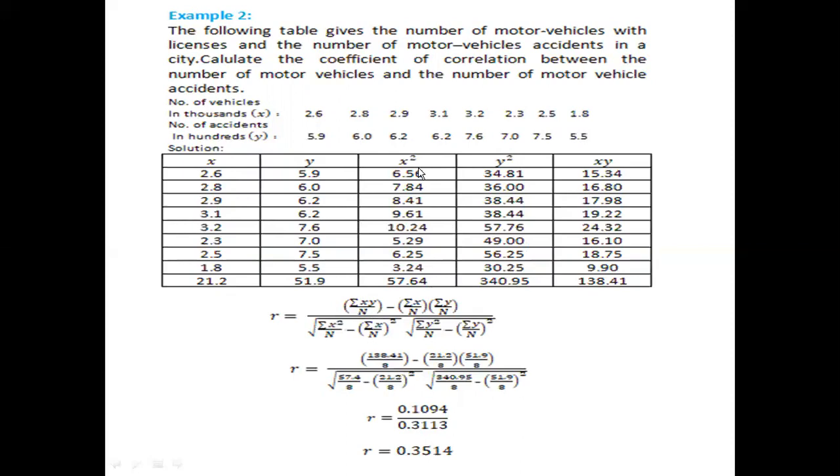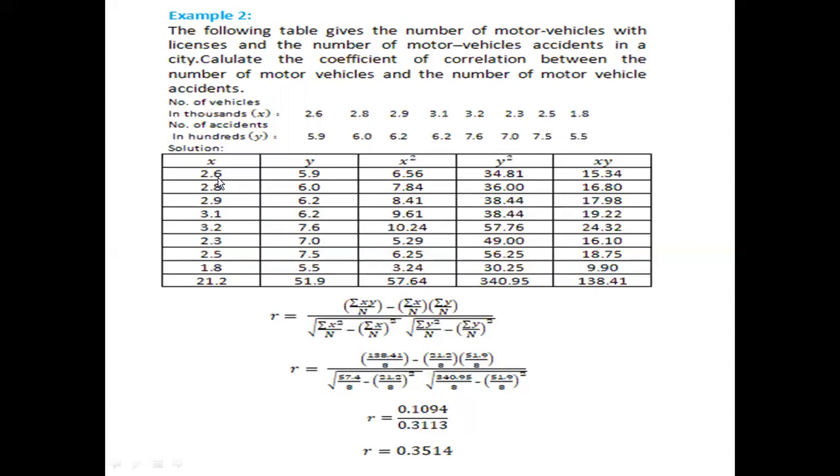See, x square can be calculated as 2.6 square, that is 6.76, 2.8 square, that is 7.84, 2.9 square, 8.41. Likewise, calculate this column. Similarly, y square can be found: 5.9 square gives 34.81, 6 square is 36, and so on.